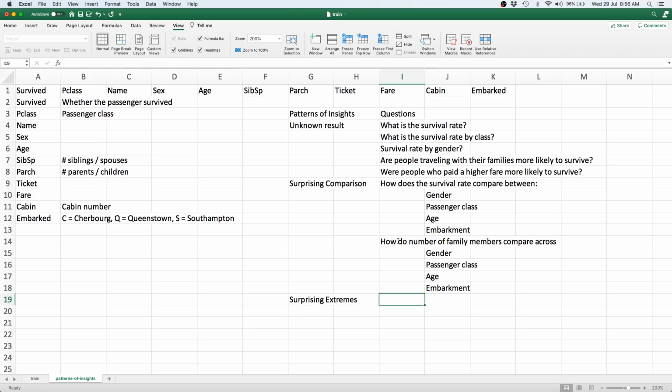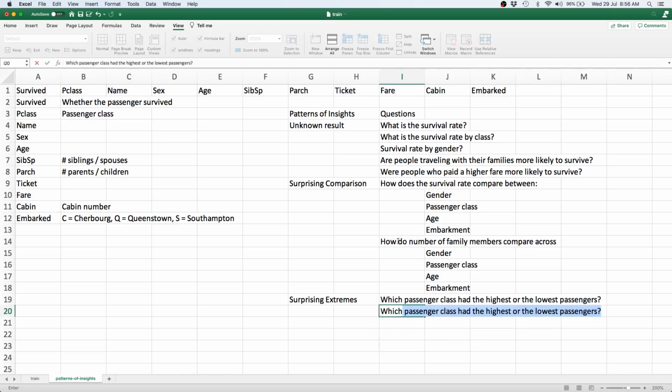One question we can ask is which passenger class had the highest or the lowest number of men or women. So, gender ratio across classes. Let's see what that gives us.